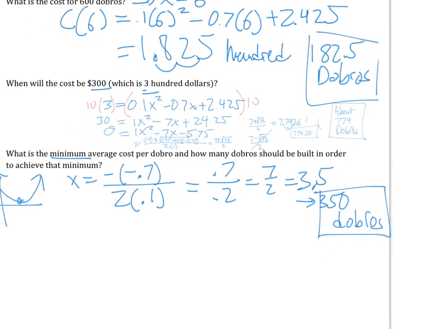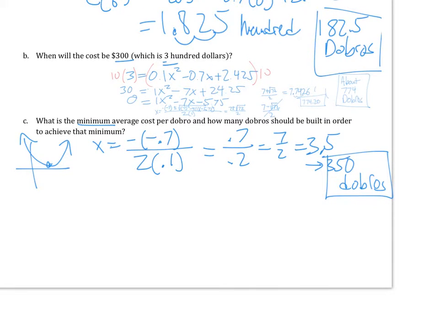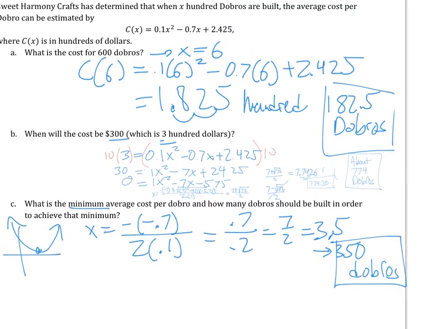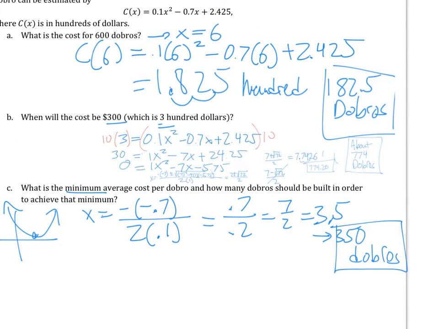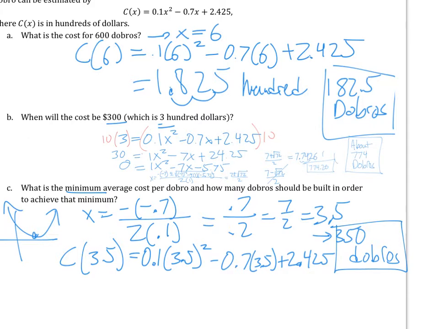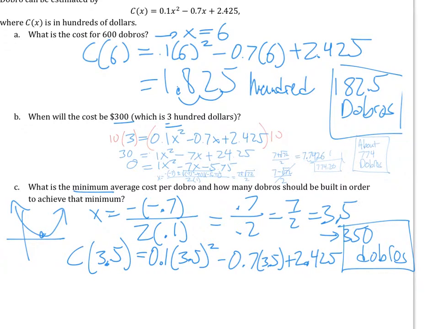That's what x is. And for the minimum average cost, we just plug that back in and figure out what it is. So we plug in 3.5, and we crank it out. Let's see what we get. And that comes out to be 1.2, which means that's hundreds of dollars.